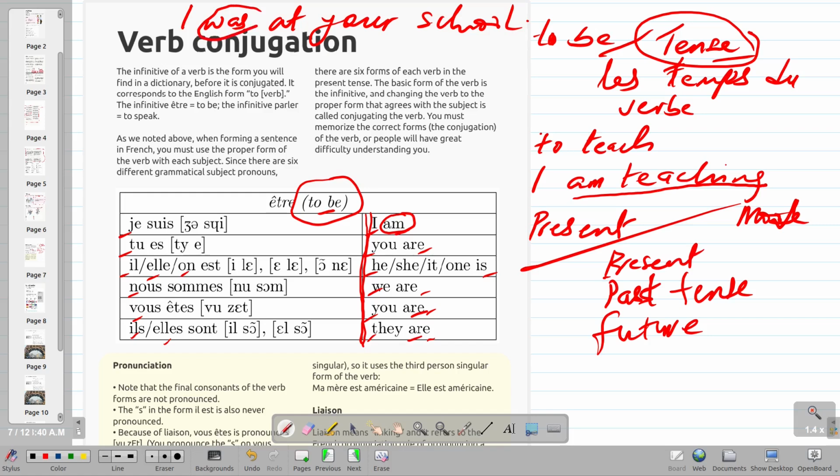Now look, here we're using the verb to be, but we're using it in the past tense. But if I say I am at your school, here it is still the same verb to be, a different form of it that expresses the present tense, right?